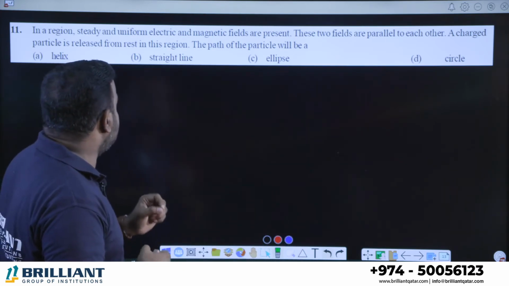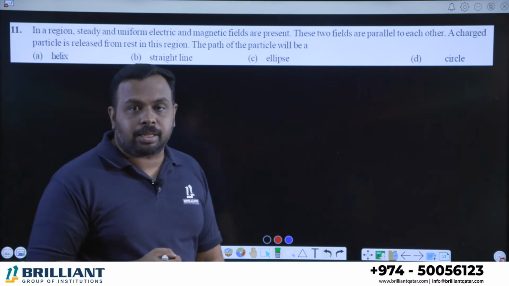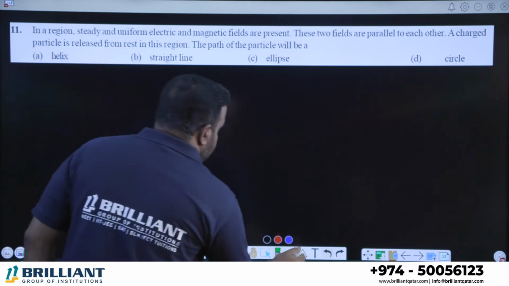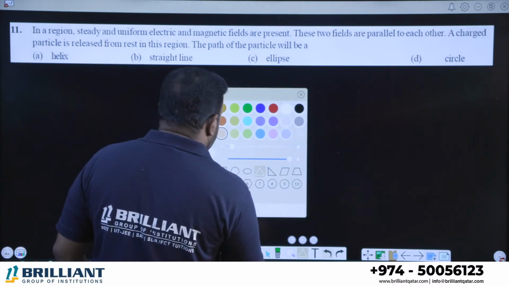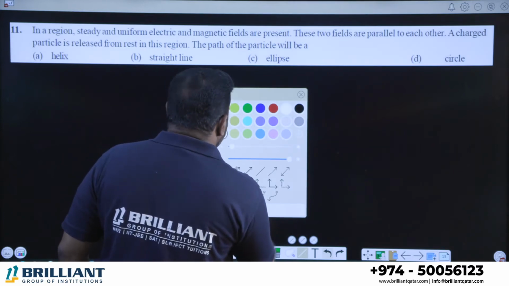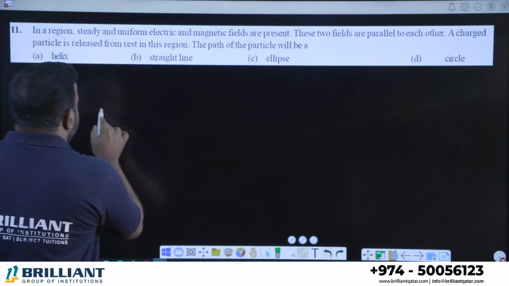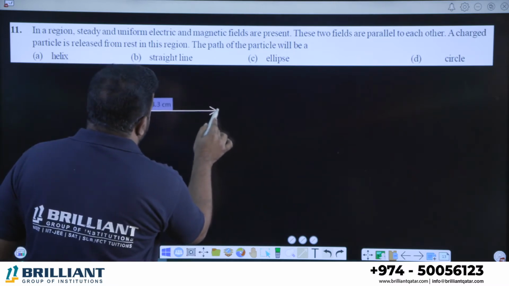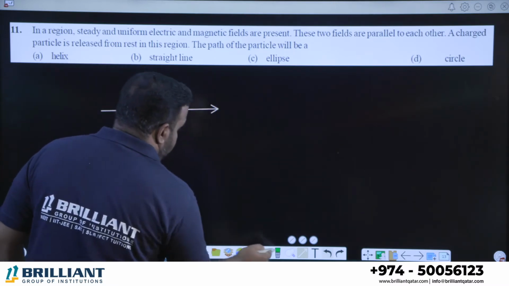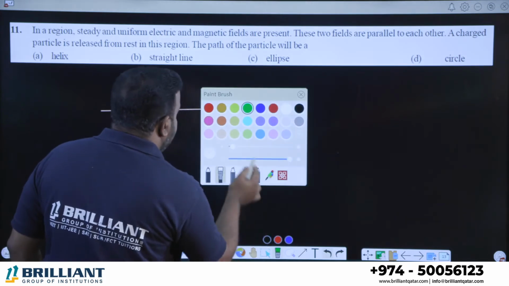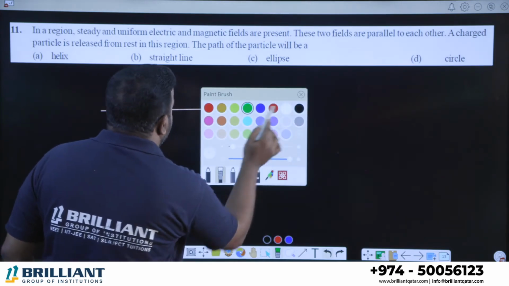In a region, steady and uniform electric and magnetic fields are present. So there is a steady electric field. We start with the electric field. After that we will check the magnetic field. Look at this. Let it be the electric field, directed from left to right. We are just taking an electric field which is directed from left to right.